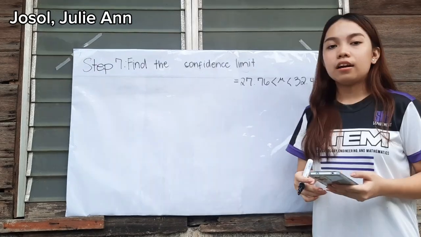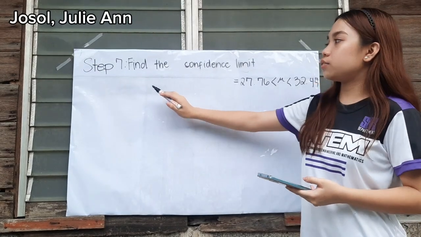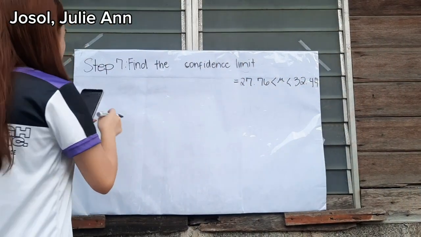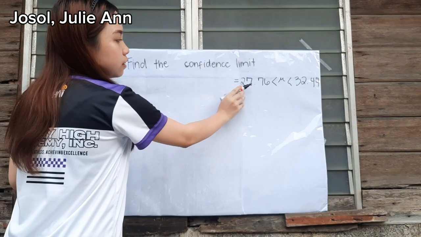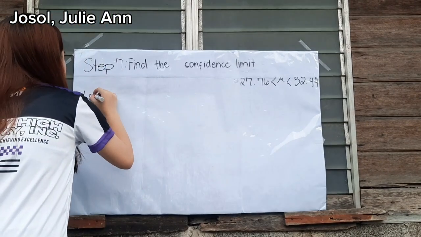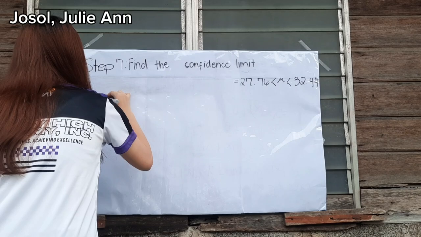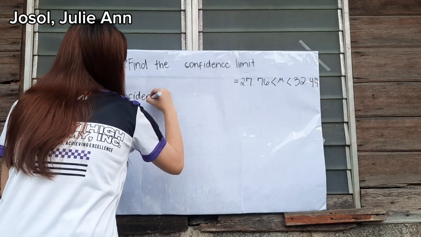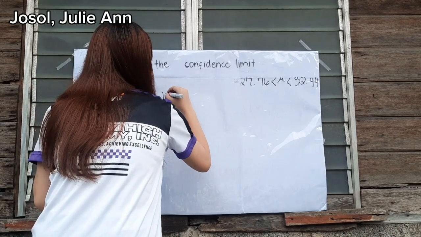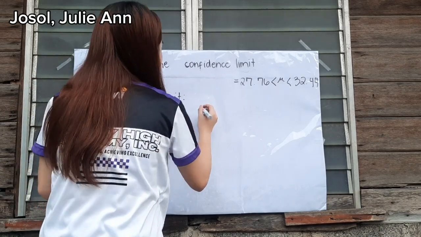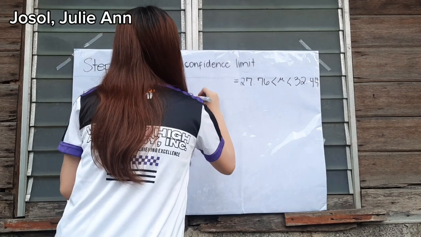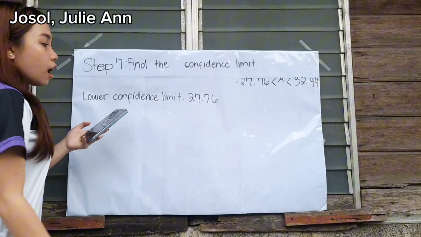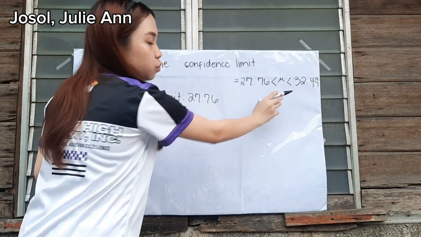And that's all. So now in step 7, we're going to find the confidence limit. So our lower confidence limit is 27.76, and our upper confidence limit is 32.44.